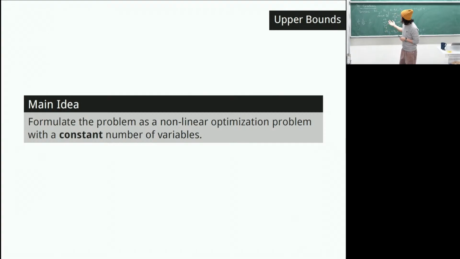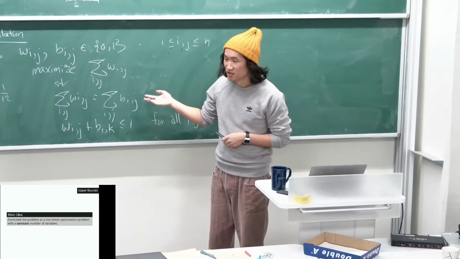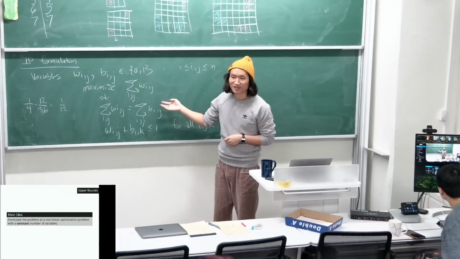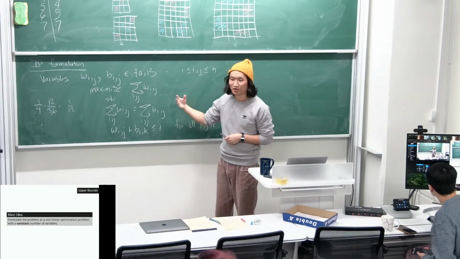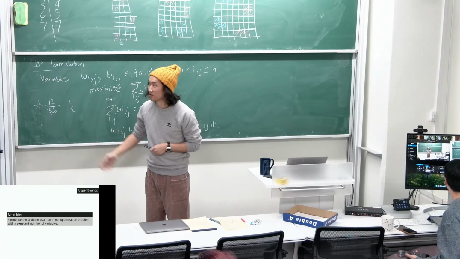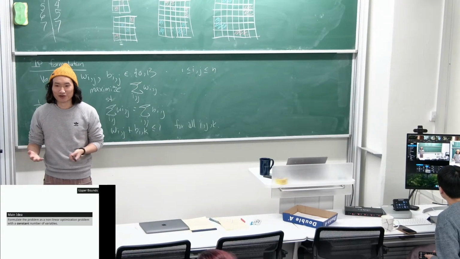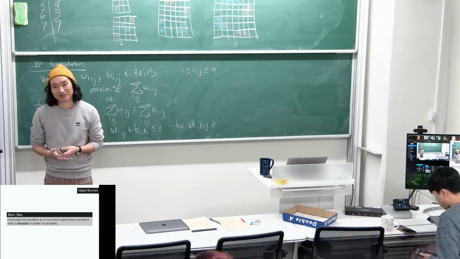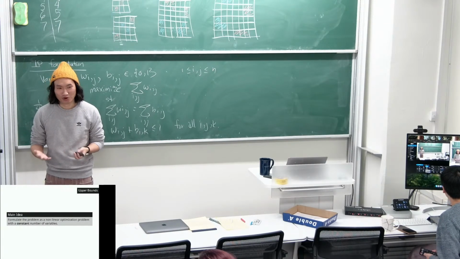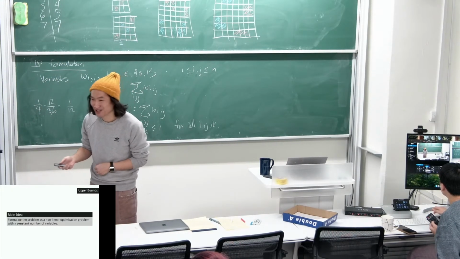The integer programming formulation I wrote was a way to get lower bounds, but it's dimension dependent, so the number of variables grows as the board size grows. We want something where the number of variables is the same for every single board. I'll tell you how to do that.